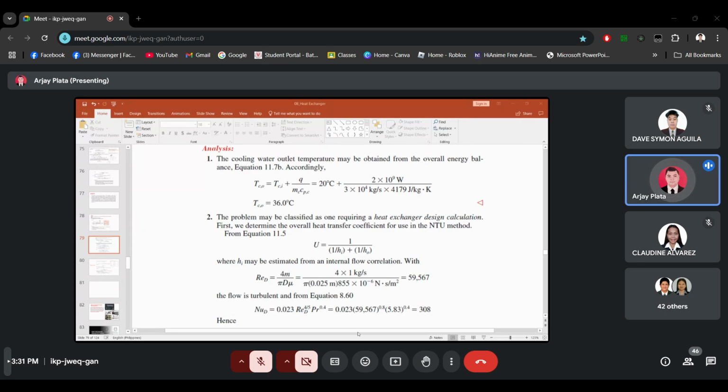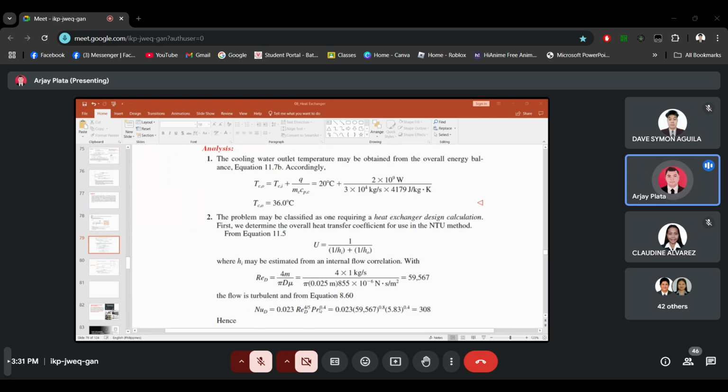Using the convection correlations for heat exchangers, we can use this equation since this is a turbulent flow in a circular tube. You can also find it in the green book.